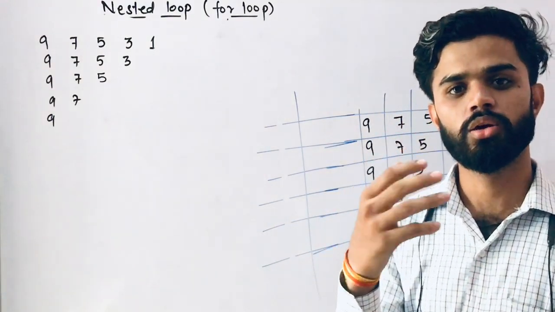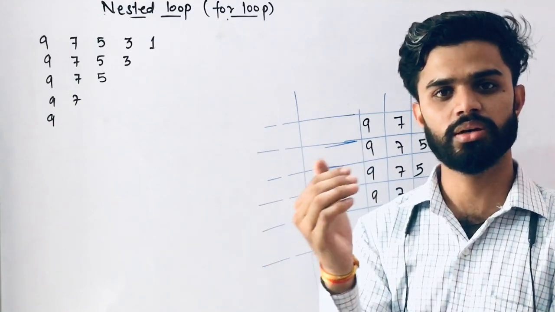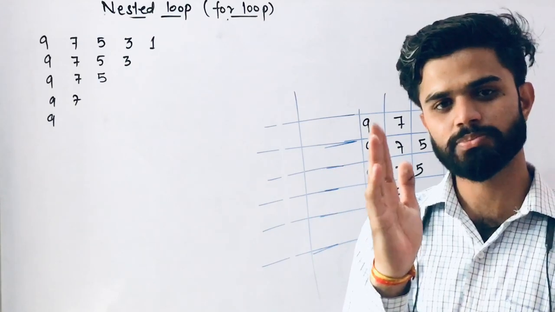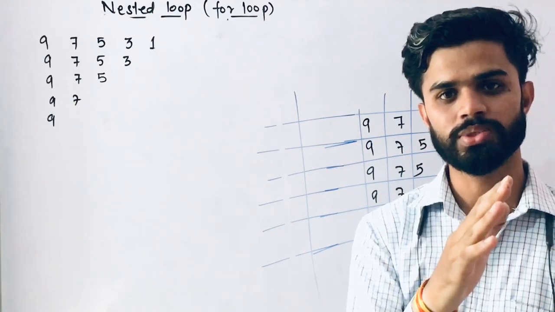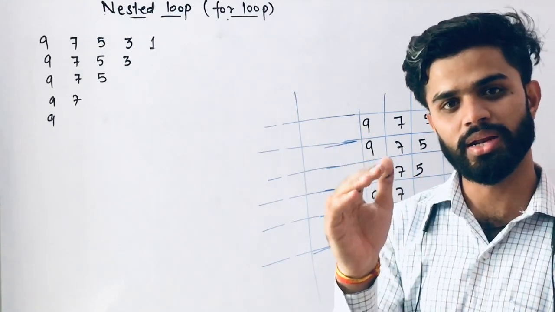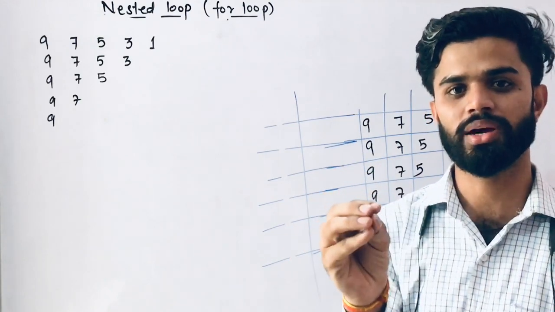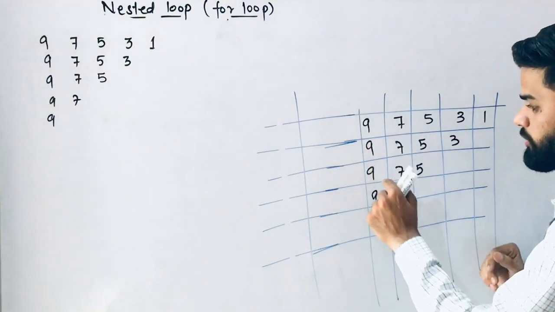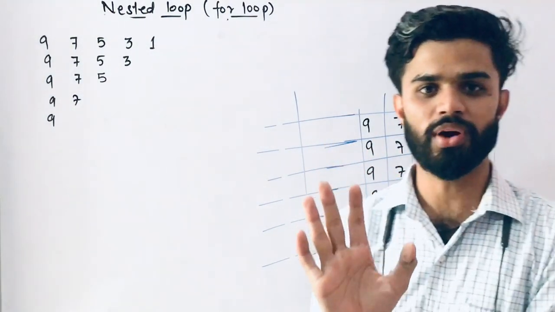So if we are using nested loops, there is an outer loop and an inner loop, and there are specific jobs for these loops. If we want to print a pattern, then definitely there are some rows. See, 1 2 3 4 5. So in this pattern there are 5 rows.